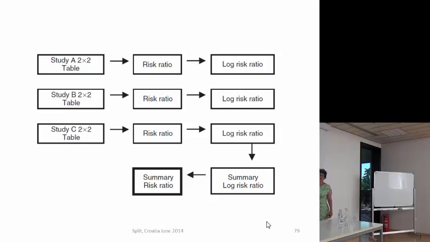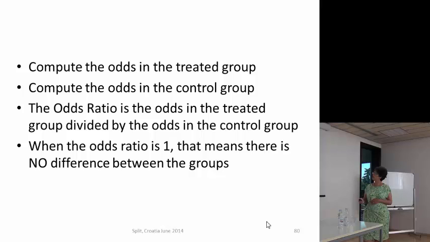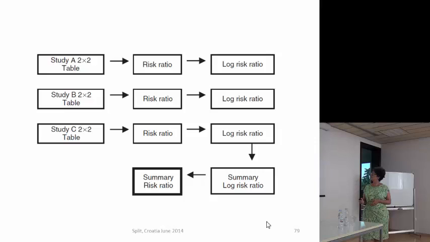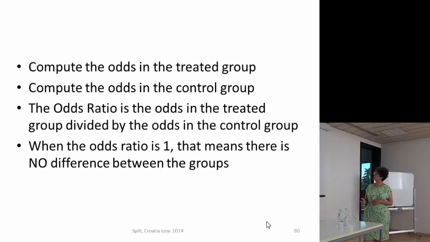You get a summary log risk ratio, and then you back convert it into the summary risk ratio. You can't do the operations directly on the risk ratio for statistical reasons that you are not going to want to know about.